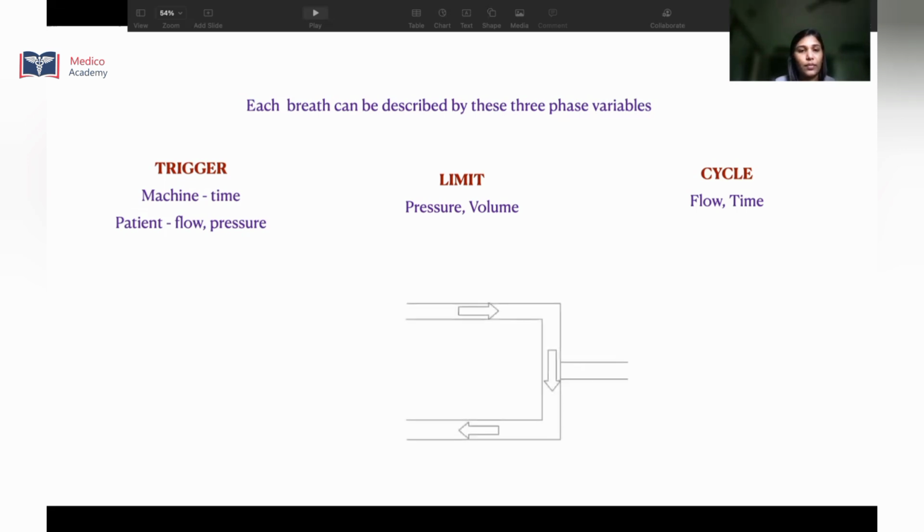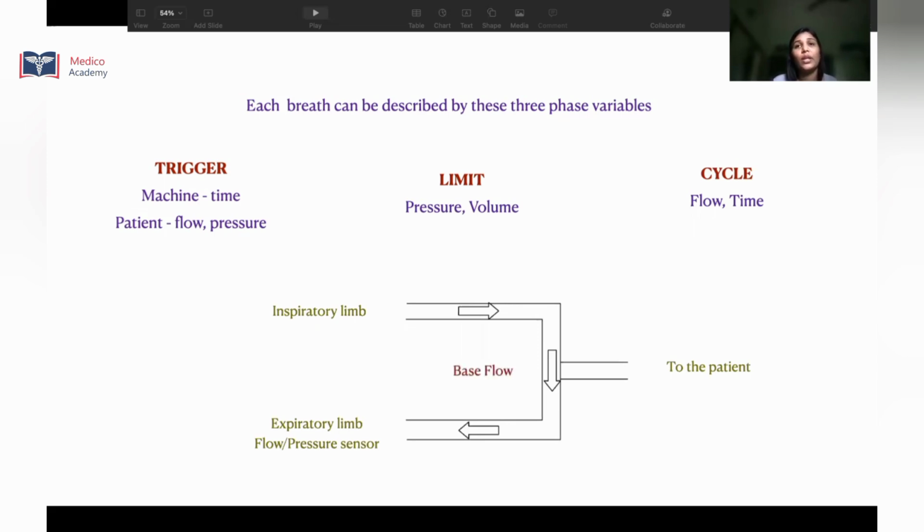Now, this is a basic diagram of a ventilator circuit. This is the inspiratory limb through which fresh gases flow to the patient, and then the expired gases flow towards the expiratory limb, and it is near the expiratory limb that you have a flow sensor as well as the pressure sensor.